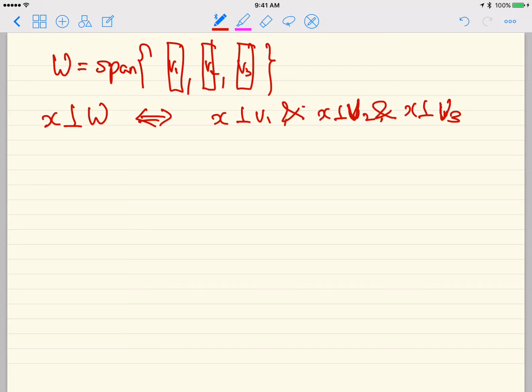If you satisfy these three, then x is orthogonal to any vector in subspace W.